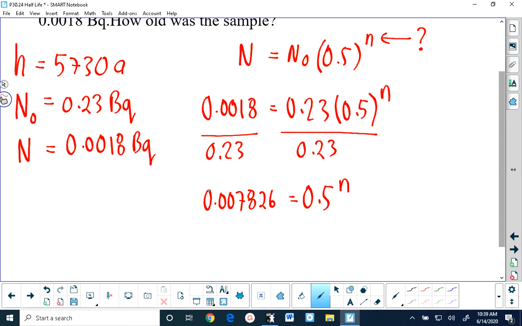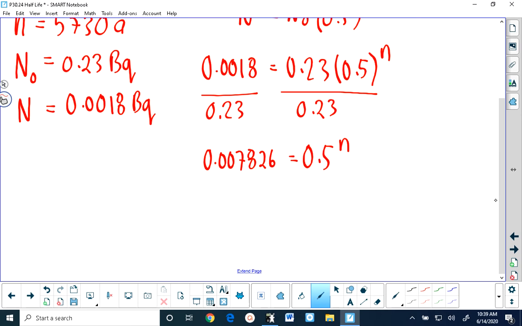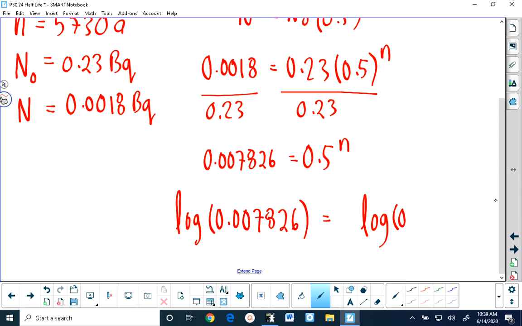I'm pretty sure everybody who's in this course now has taken logarithms in either Math 30-1 or Math 30-2. And the only way that you're going to mathematically solve this equation is by taking the logarithm of both sides. So we can have log of 0.007826 equals log of 0.5 to the n.